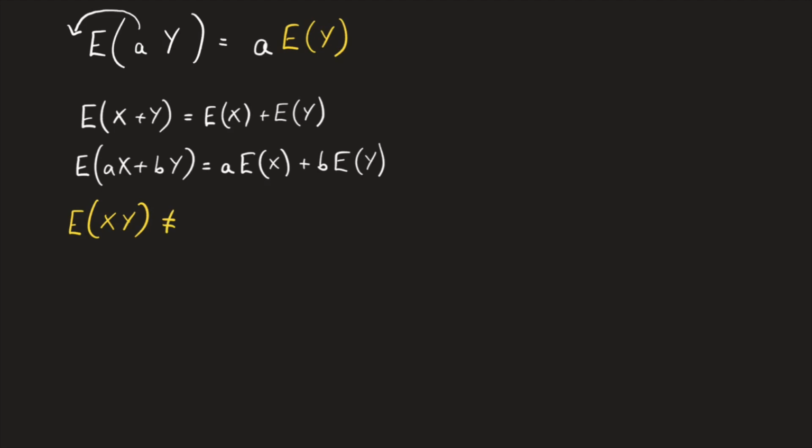So in general, the expectation of a random variable x multiplied by the random variable y will not equal the expectation of x times the expectation of y. There is one case that contradicts this, and that is when the random variables x and y are what are known as independent random variables.